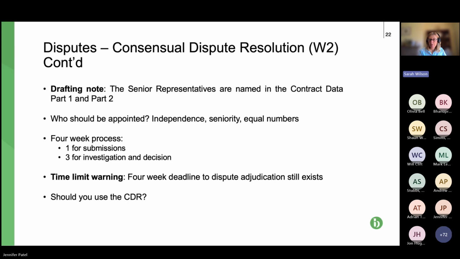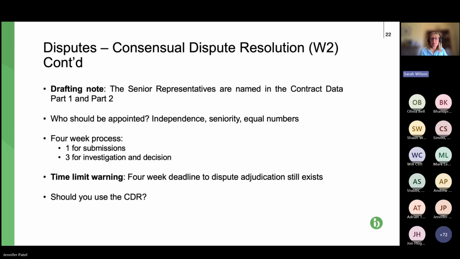So they're high level. Typically, I think you would want people who are not personally involved in the project, so you've got somebody who has a bit of distance from the project and can look at it pragmatically, commercially, rather than from an emotional perspective.